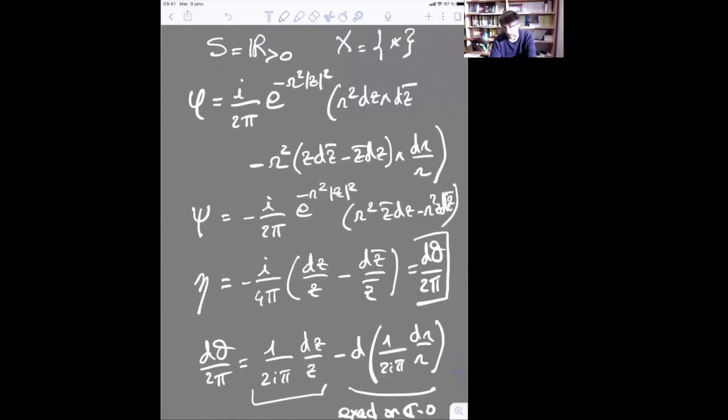Okay, and there is another observation I want to make, which is also important: if you look at how phi is, it has two components. If you fix one r, then it has a volume, a Gaussian.